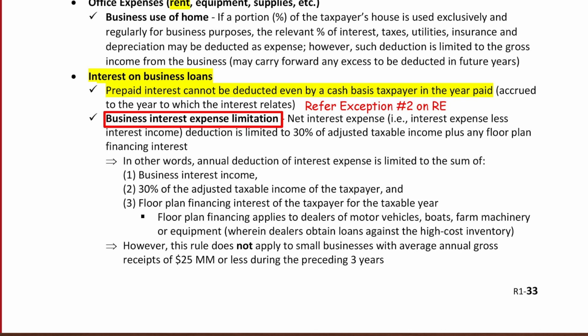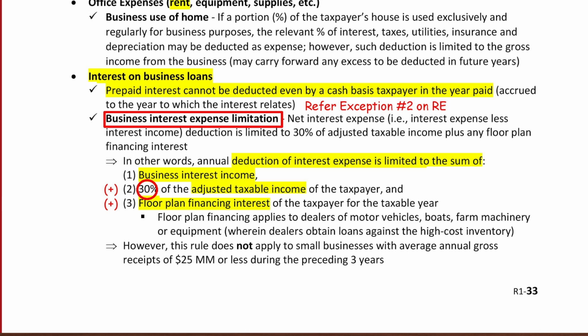In other words, highlight, annual deduction of interest expense is limited to the sum of number one, business interest income, put a plus sign, circle 30% of adjusted taxable income, and put a plus sign, highlight, floor plan financing interest.